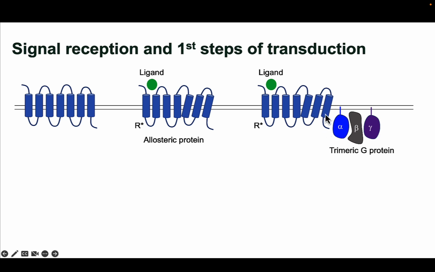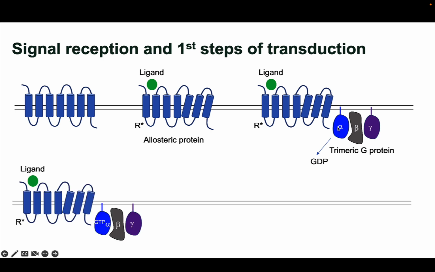But what this receptor is going to do is it's going to promote the exchange of GDP for GTP. And so this alpha subunit is going to bind to GTP. So now the alpha subunit has GTP. And this is going to change the shape of the alpha subunit, and it's going to cause it to dissociate from the beta gamma subunit.